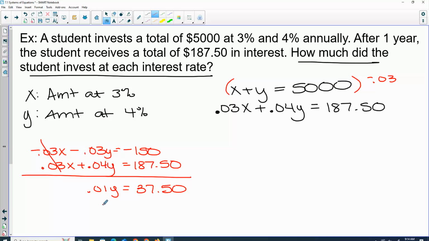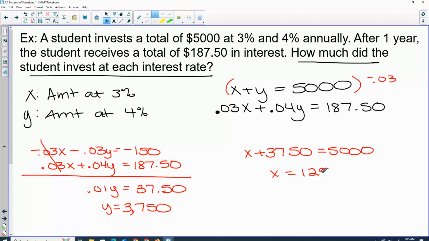Divide by 0.01. And get $3,750. Plug it back in, we know x plus the y is 5,000. So x is 1250.